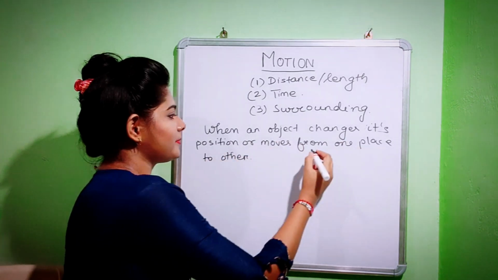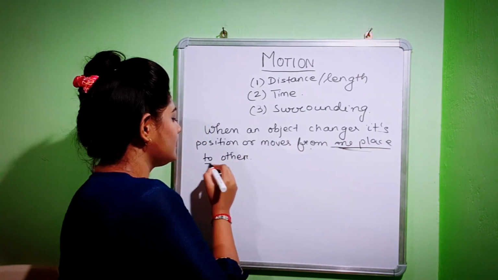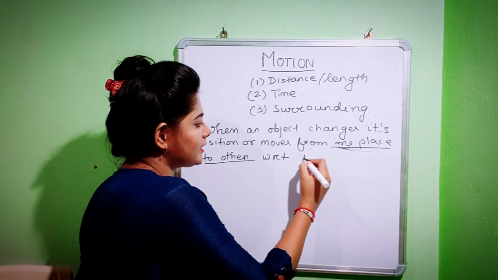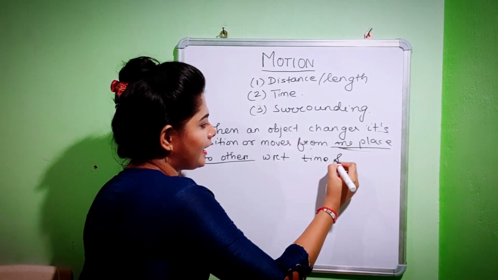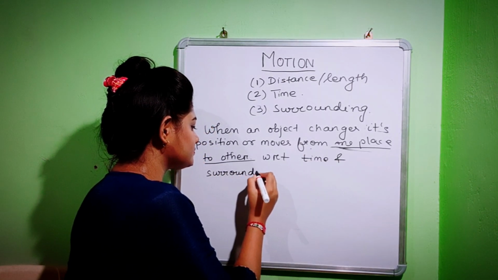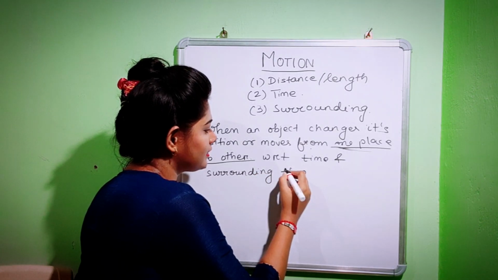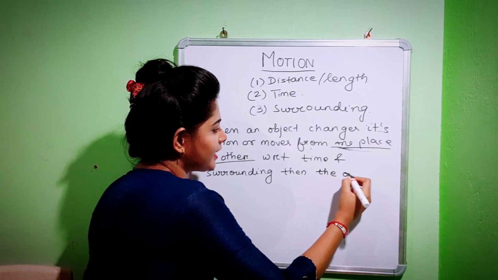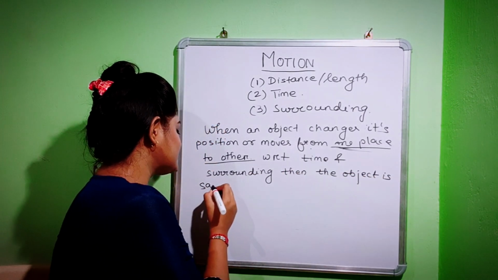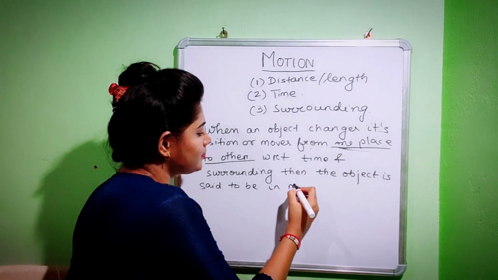One place to other means it is covering some distance with respect to time and surrounding, then the object is said to be in motion.